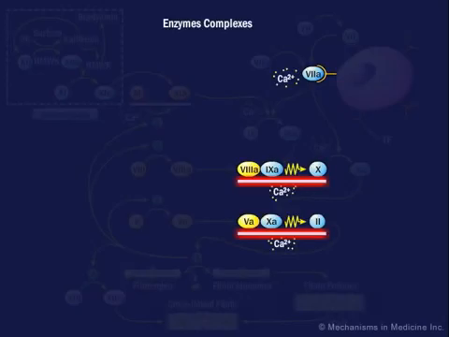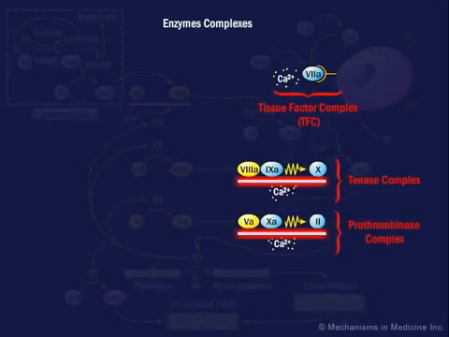Coagulation proceeds by the formation of three enzyme complexes: the tissue factor complex, tissue factor and factor 7A; the tenase complex, factor 8A and factor 9A; and the prothrombinase complex, factor 5A and factor 10A. Each of these complexes involves a serine protease (factor 7A, factor 9A, and factor 10A), a membrane-bound cofactor (tissue factor, factor 8A, and factor 5A), and calcium.